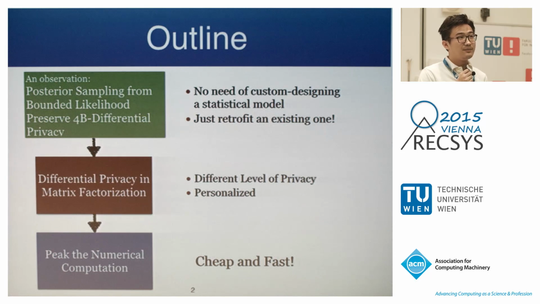Here B is the bound of the likelihood. It means that if we want to design a differentially private machine learning algorithm, we don't need to custom design a new statistical model. We just retrofit an existing one.